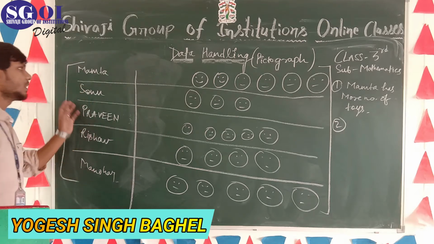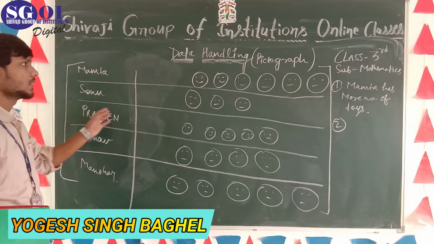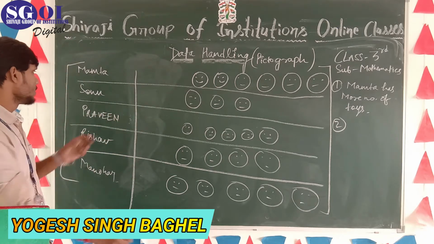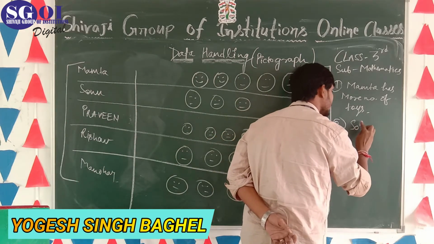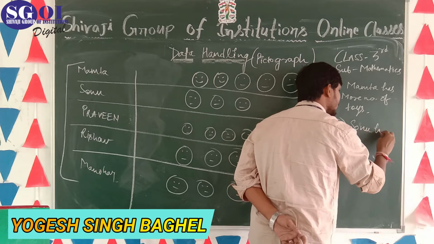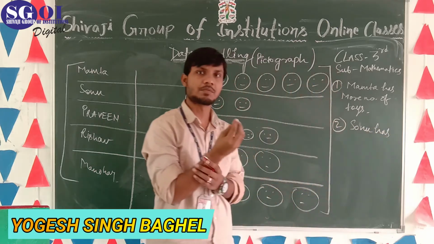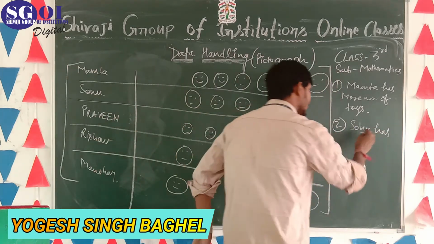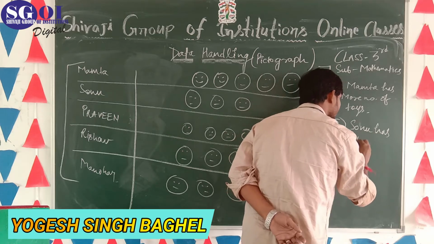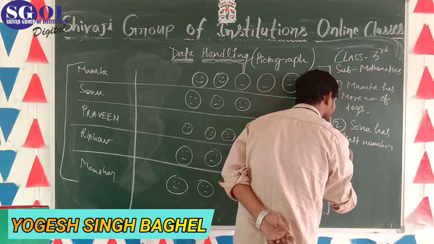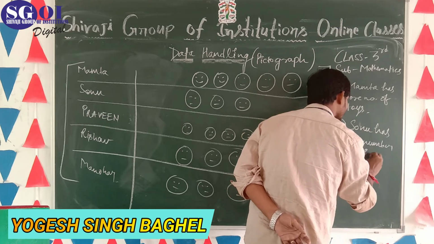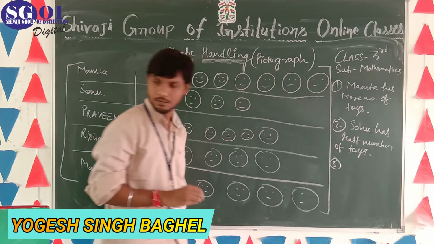So this is called the pictorial graph, or pictograph. So Sonu has the least number of toys. Least means सबसे कम.